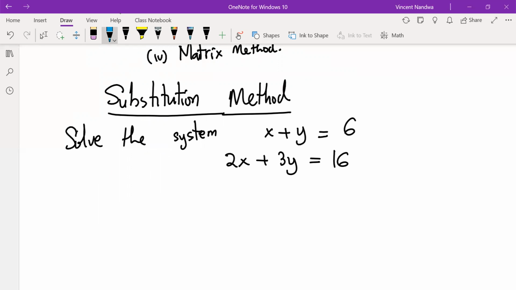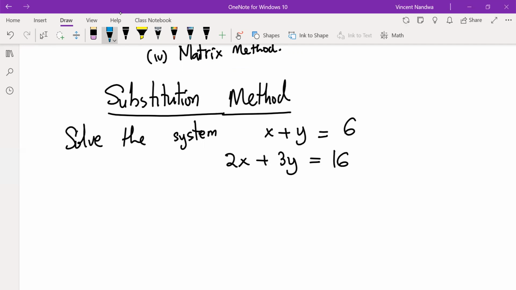Once you have done that, replace that unknown in the other equation and create a new equation which will only have one variable, and then solve that simple linear equation.